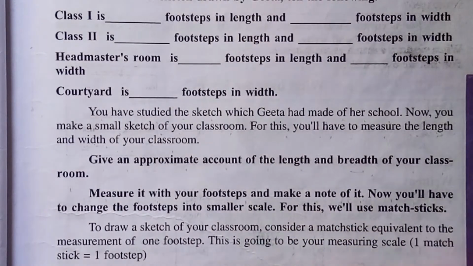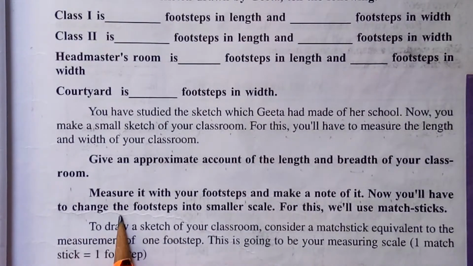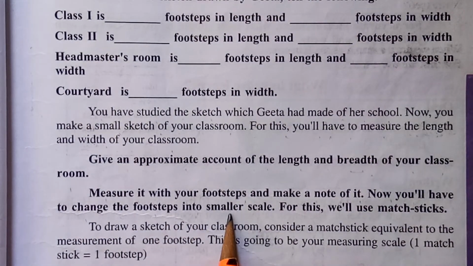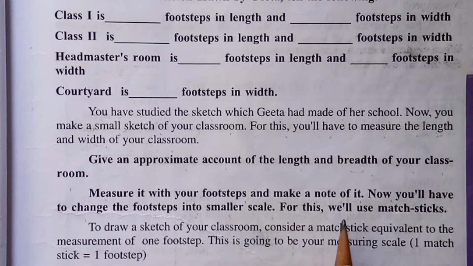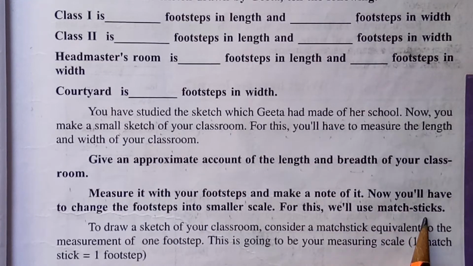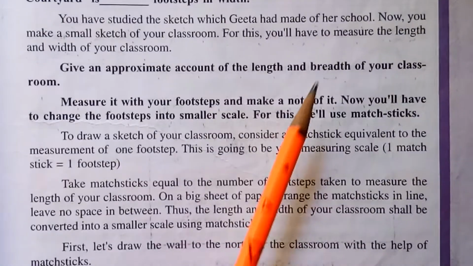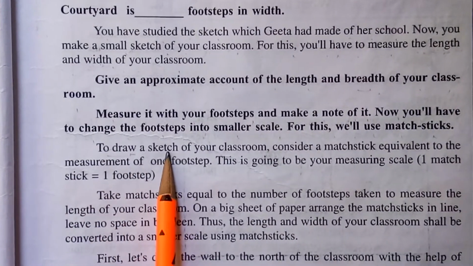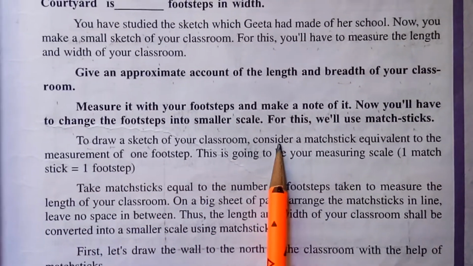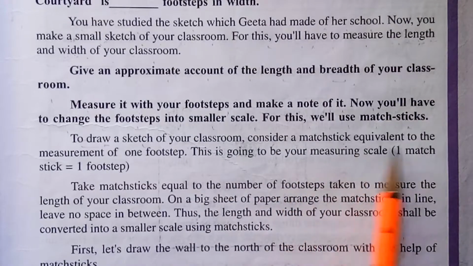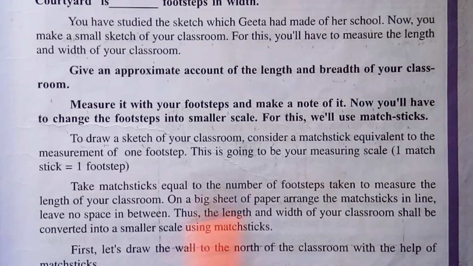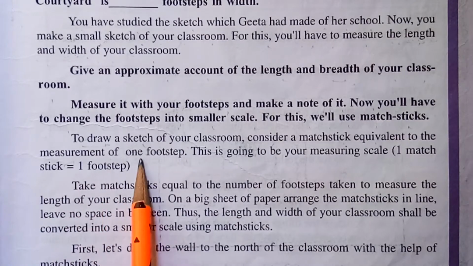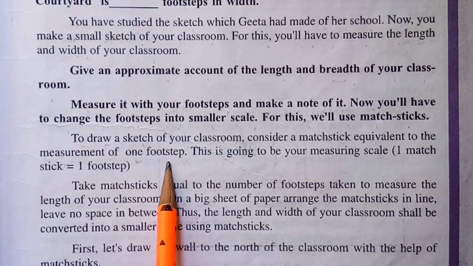Now you all have to change the footsteps into a smaller scale. For this, we will use matchsticks. To draw a sketch of your classroom, consider a matchstick equivalent to the measurement of 1 footstep.